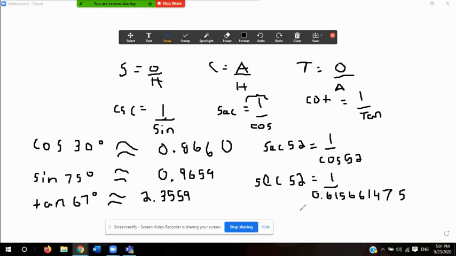We're going to round that to 4 digits, so it's approximately 1.6243, because it's actually 1.624269, and because next to the 6 there's a 9, I simply round that up.